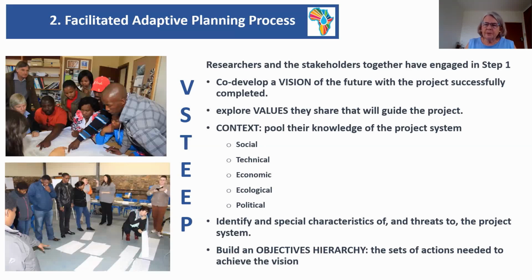And then lastly, you build something called an objectives hierarchy. And so you say, here's my vision. What are the main things that will need to be in place for this vision? I need good governance. I need good financial planning. And then once you've got that in place, what are the things you need to do to build good governance?